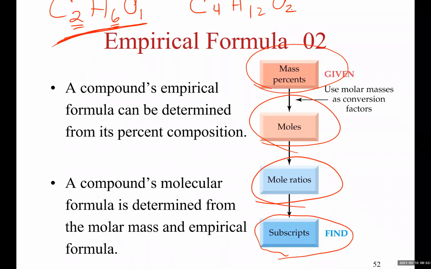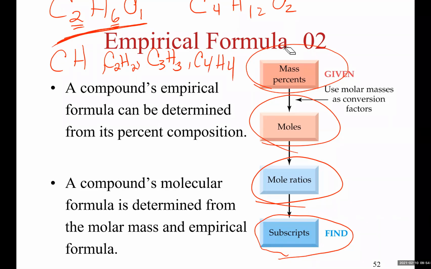The same way that I said the empirical formula for benzene is there is 1 carbon for 1 hydrogen. The real formula, which has a ratio of 1 to 1 of carbon and hydrogen, could be this. 1 to 1 ratio. It could be this. 1 to 1 ratio. It could be C4H4.